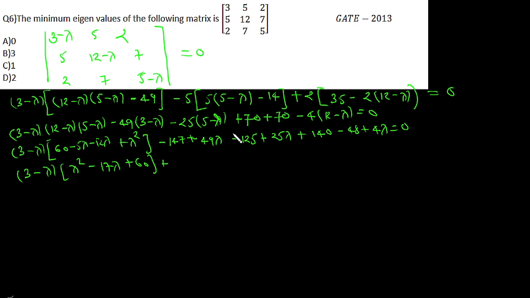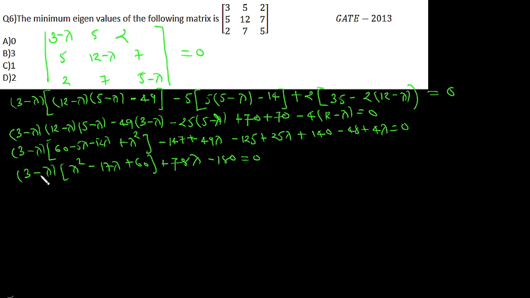If we add them all, we get 78 lambda. If we add all the constant terms, minus 147, 125, 140 and minus 48, we end up with minus 180. So minus 180 is equal to 0.